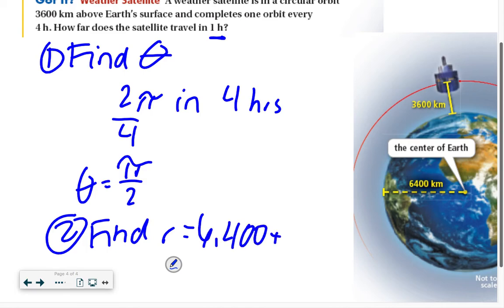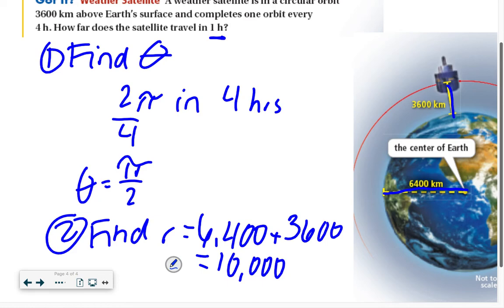I have to add on the space between the crust of the Earth and my satellite, which is how much? 3,600. So 6,400 plus 3,600 gives me a total of 10,000. So the radius is 10,000.